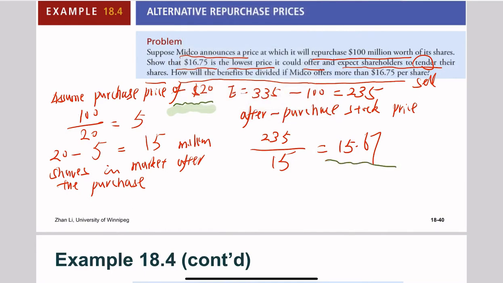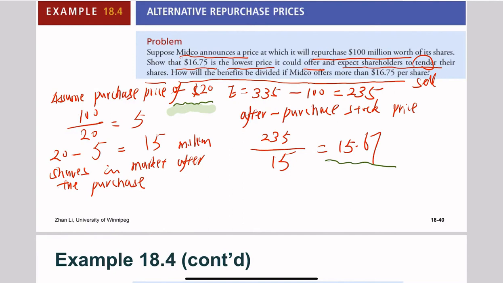So this means as a shareholder, you don't want to wait, right? Once the firm says, hey, I want to buy your share at $20, then every shareholder will want to sell their share. Because if you wait, you will suffer from a loss. But obviously, not every shareholder can sell their share because the firm is only trying to repurchase a portion of their shares.